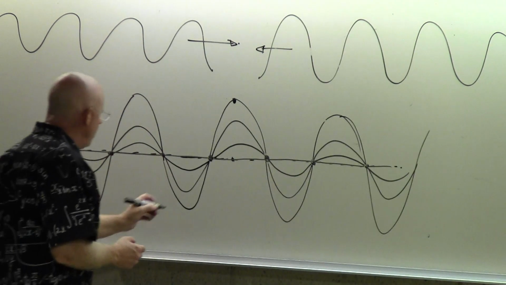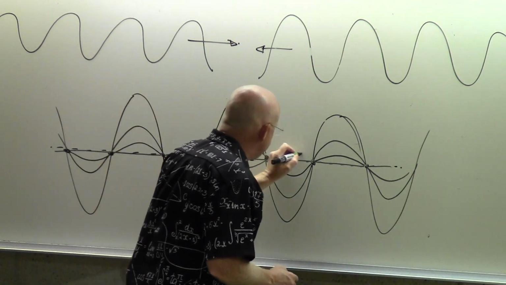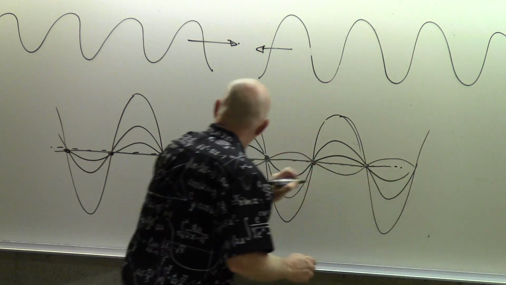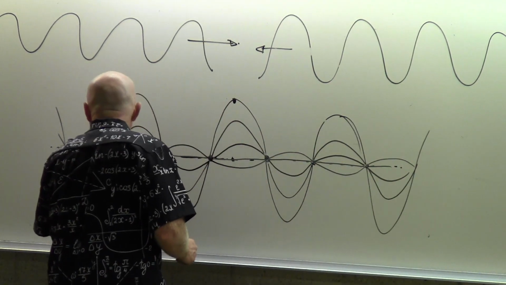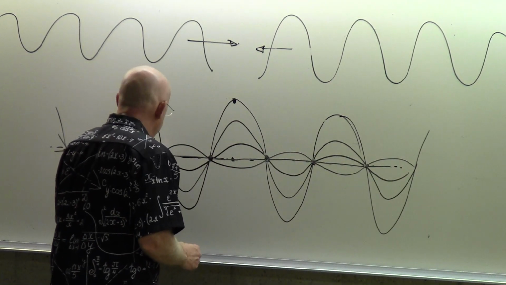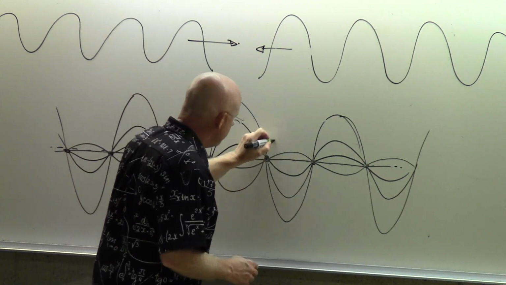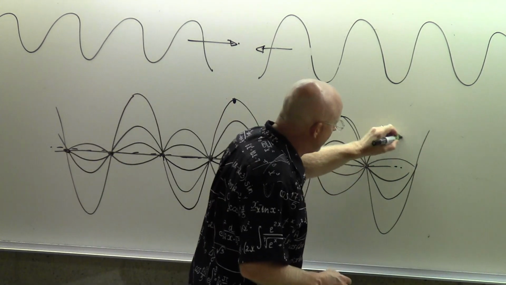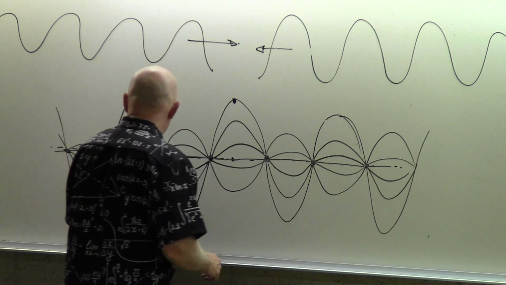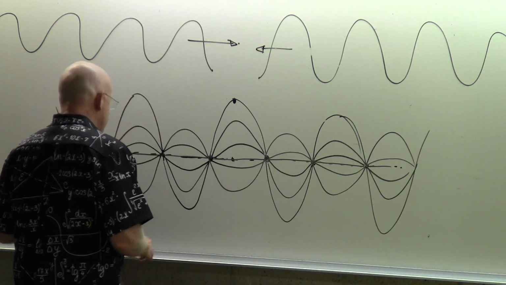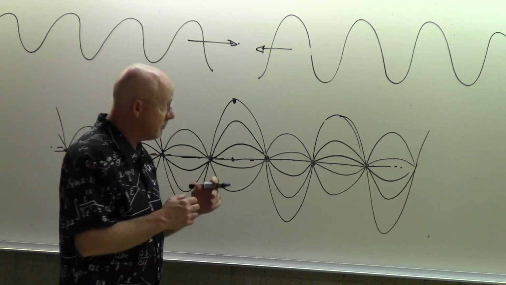And so you end up seeing a very different looking pattern than what you might have thought you would get when you have two waves. Because when we think of waves, we think about them moving. We think about them traveling.